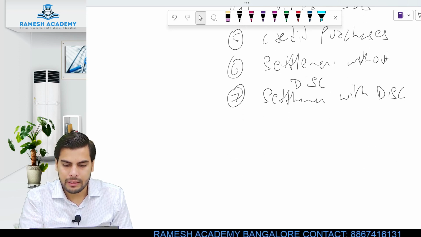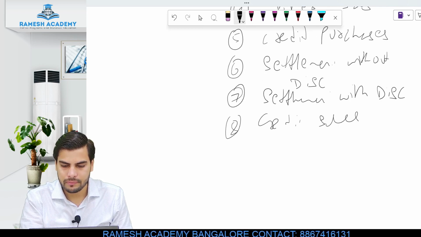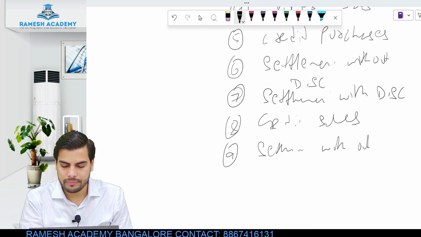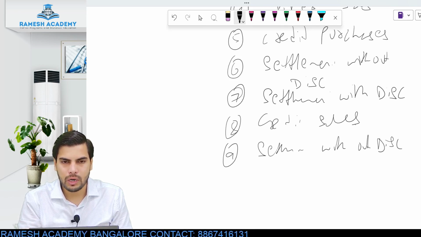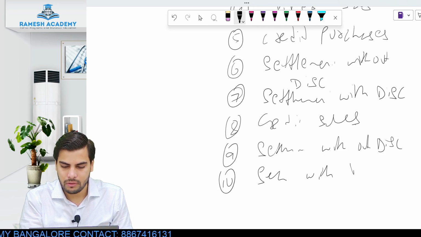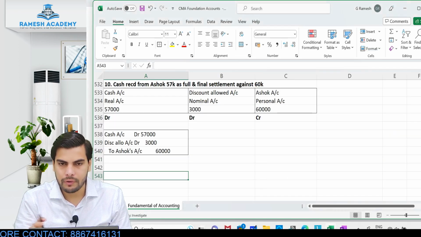Clear? And then the eighth transaction was with respect to credit sales. The next is settlement without discount, that is from the customers when I am collecting the cash without allowing any discount. And then the 10th transaction was settlement with discount. So these are the 10 transactions which we have discussed so far.